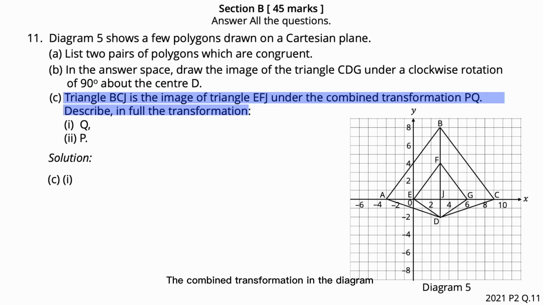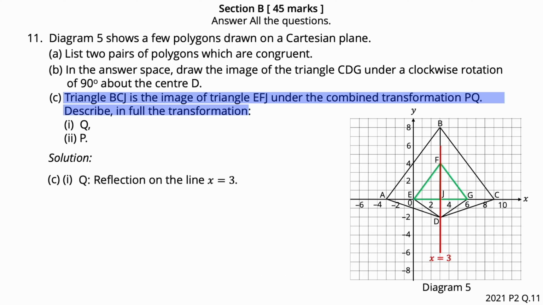The combined transformation in the diagram is a reflection followed by an enlargement. Triangle GFJ is the image of triangle EFJ under a reflection on the line x equals 3. Reflection is when we flip a figure over a line. So, we describe that Q is a reflection on the line x equals 3.